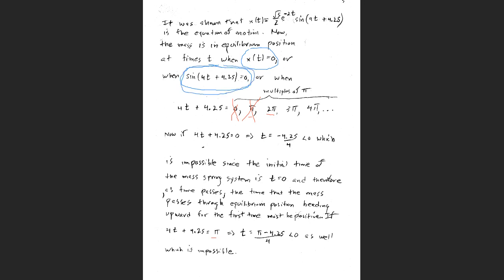So all I care about is, when is the sine of some angle theta equal to 0? For what values of theta? Well, theta equals 0, theta equals pi, theta equals 2 pi, and so forth. I'm treating 4t plus 4.25 as theta.